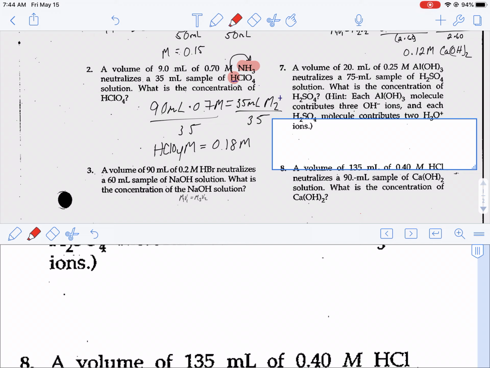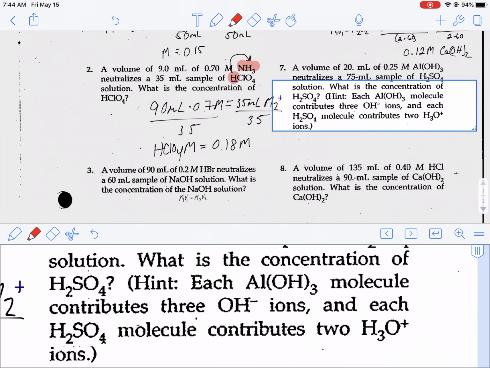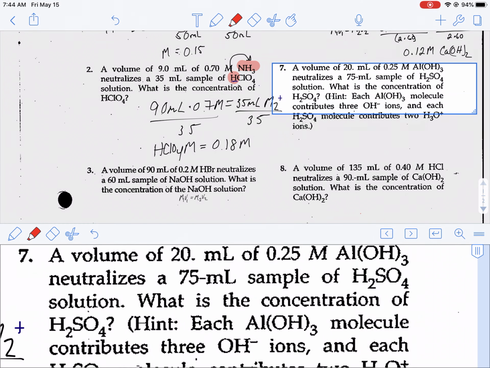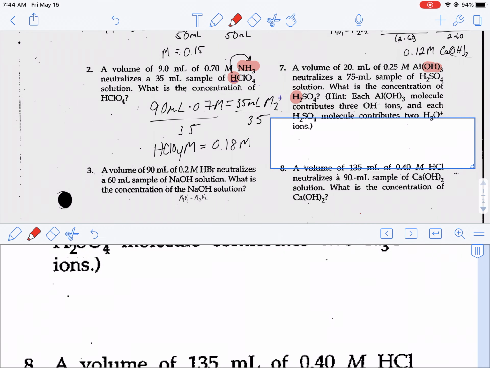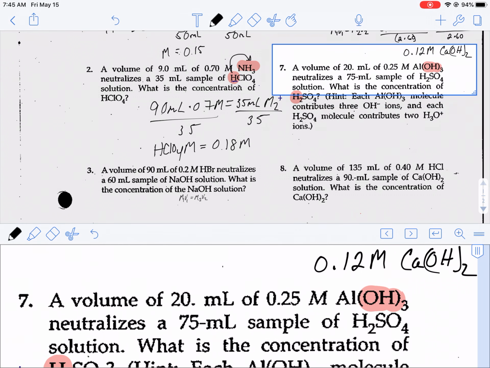So most of you picked up that there are basically 3 hydroxides and that there are 2 hydrogens, which is good. So I know my ratio is actually 2 to 3. Let's go ahead and set this up. I know that I have an M1 and a V1.